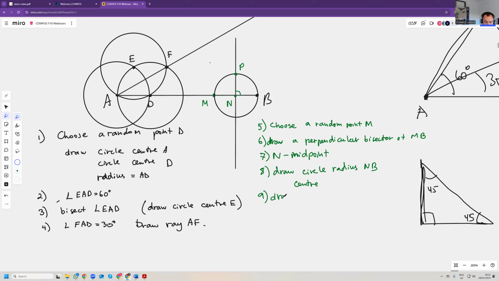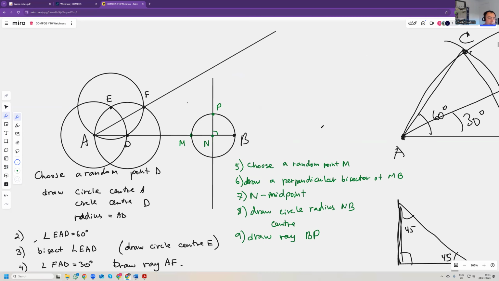Draw ray BP. BP is a ray, and that's your triangle. Where the two rays meet, that is C, and that is your triangle, which we've done purely by construction. So this is A, B, C.